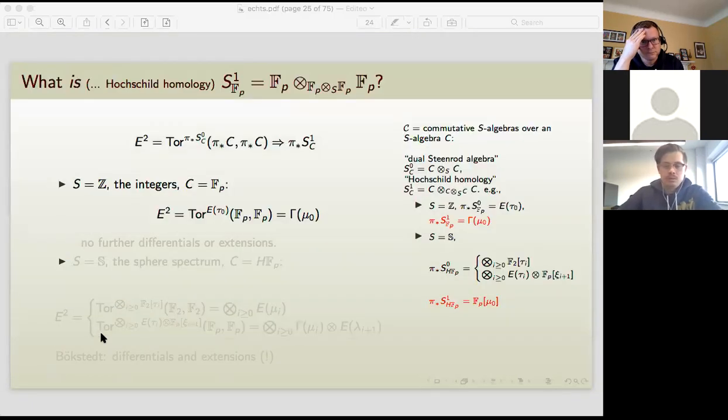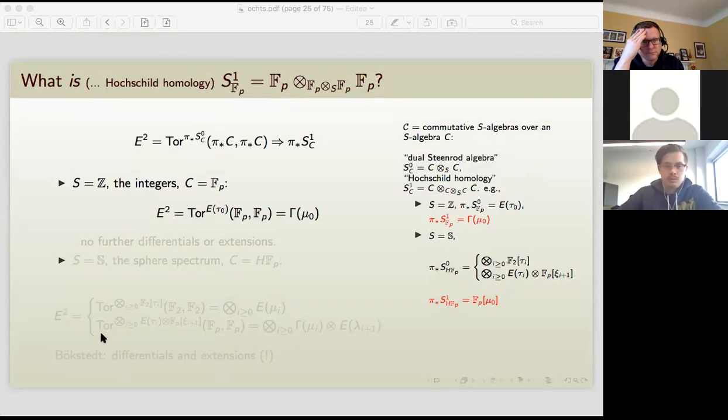So what will happen is, for Shukla homology, it's very, very easy, because in that case, the homotopy groups of the zero sphere was just an exterior algebra on one generator in degree 1. And calculating the Tor of an exterior algebra, you can do that totally algebraically.